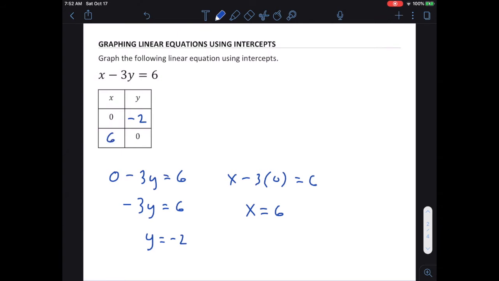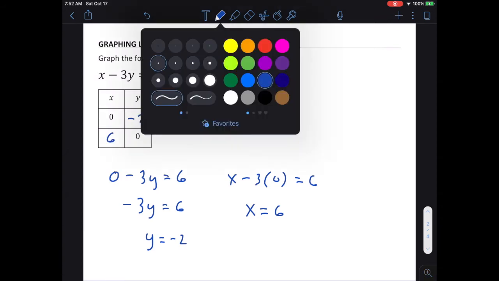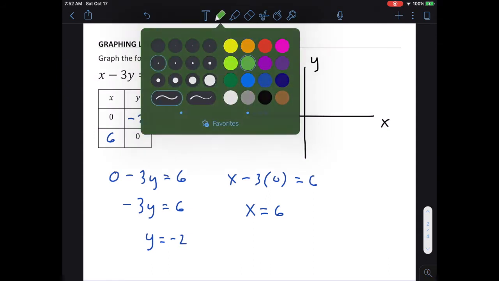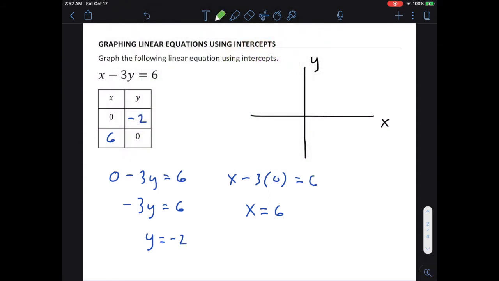So in that case, we didn't have to do hardly anything, so we just plug a 6 into our table. And then graphing is rather simple too, because we're just going to have 2 points. If we think about the first one, we have 0, negative 2, and the negative 2 is a y value, so all we need to do is find negative 2 on the y-axis.